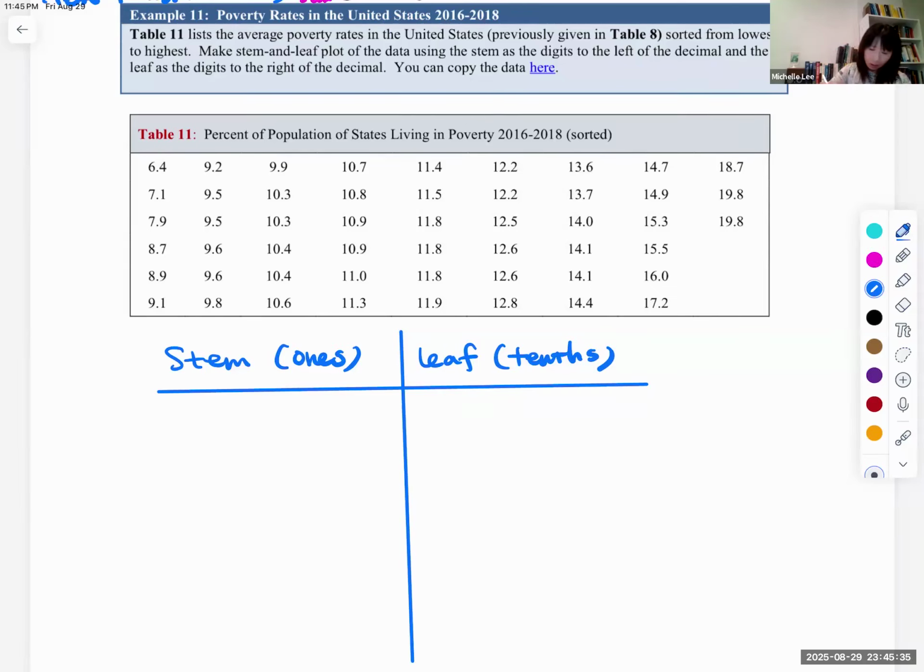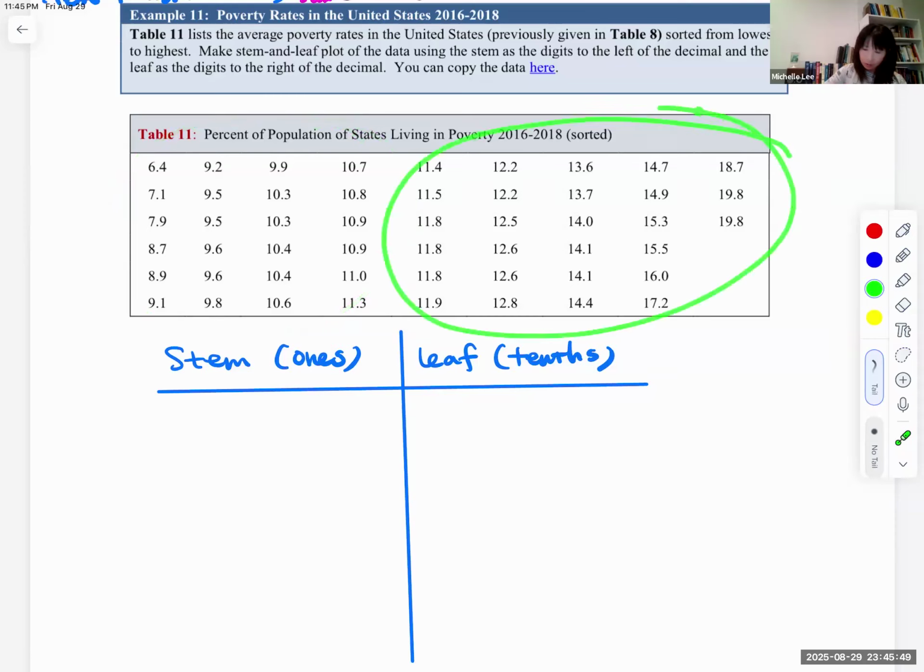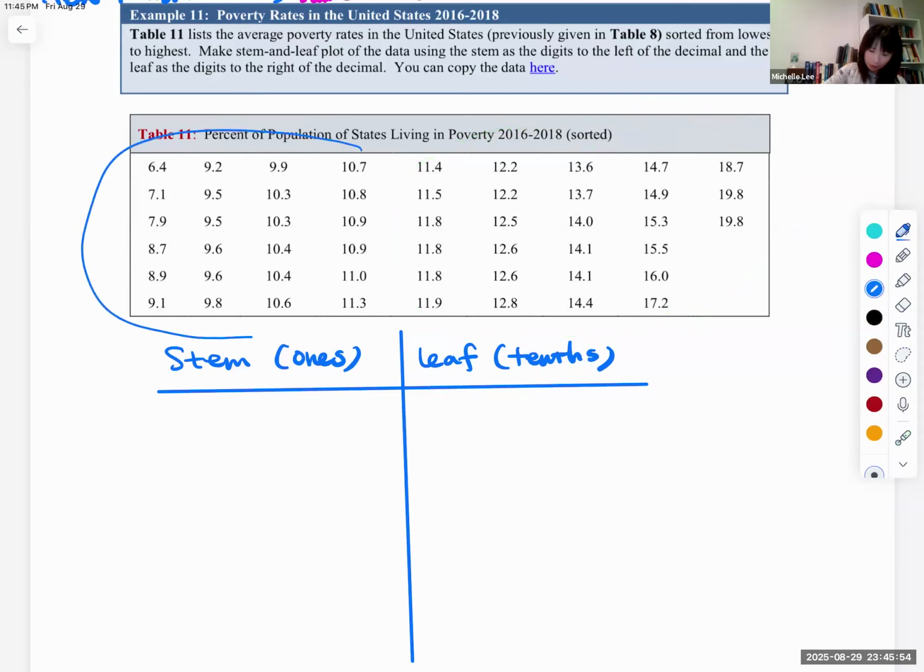Okay, now, since we have too many, I will do this one and you try the rest, right? So I'm going to do only this one. You try that. Okay, so let's do 6.4, 6.4, 7.1.